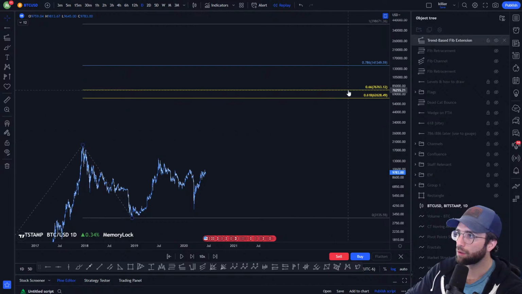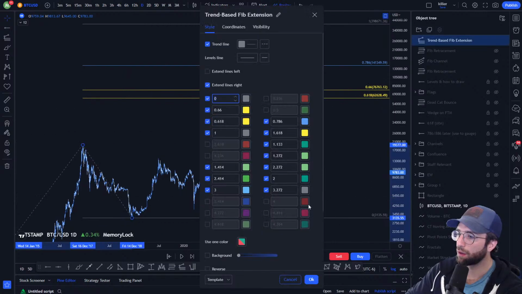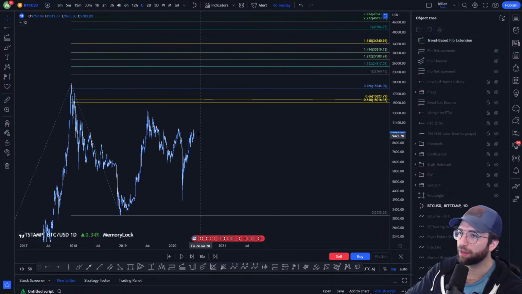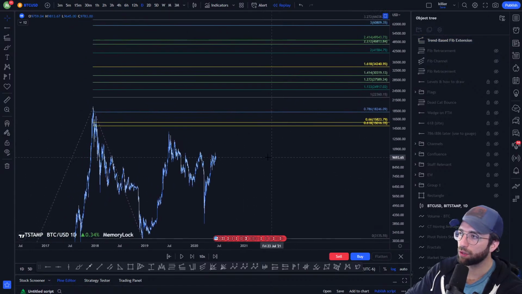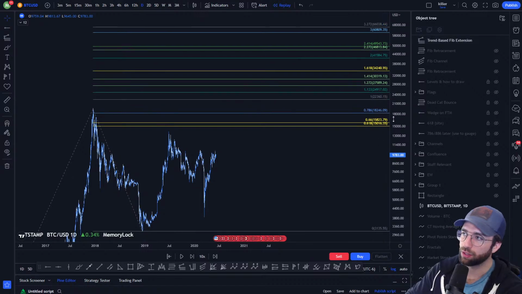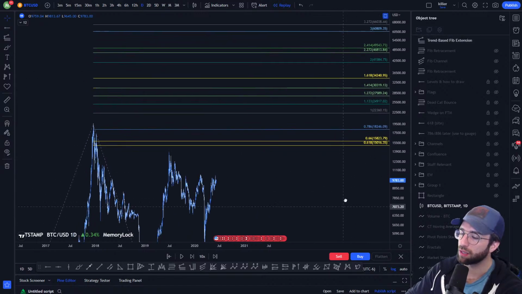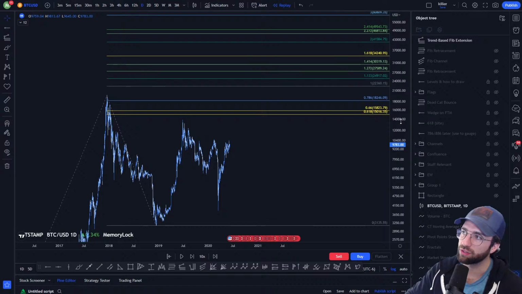Huh, okay. All right, so yeah, if we were to have that same rally, we would be looking at 1-to-1, 22,360, right? And then we can look at some extensions beyond there. So the 1.618, the 2, the 3, so on and so forth. And we can look at these and say these are upcoming resistance zones.